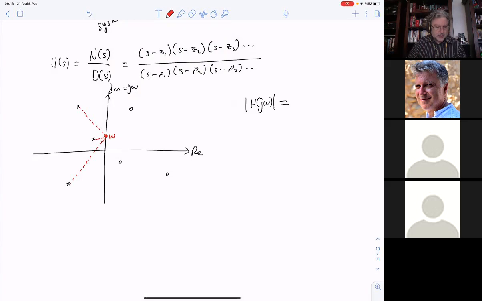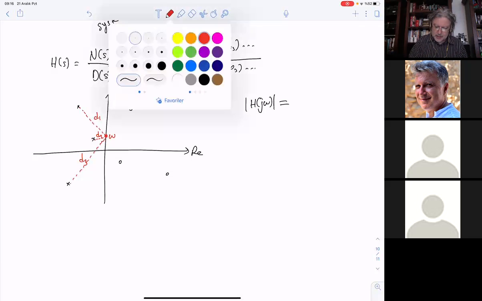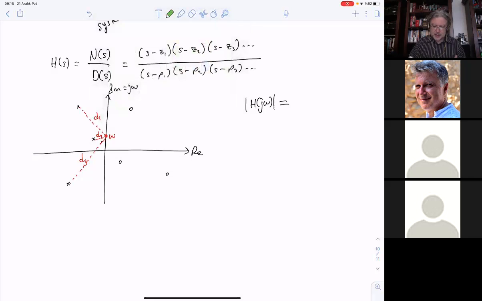And those distances in the denominator, let me indicate by D. For example, this is D1, this is D2, this is D3. Let's assume that these three are the only poles that we have. So we have D1, D2, and D3 distances. And similarly, we have distances to the zeros.